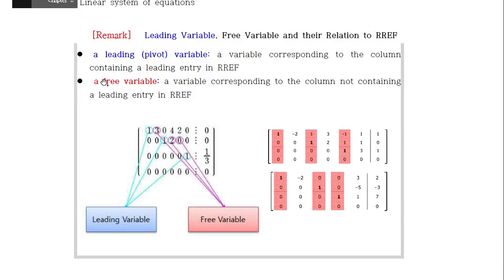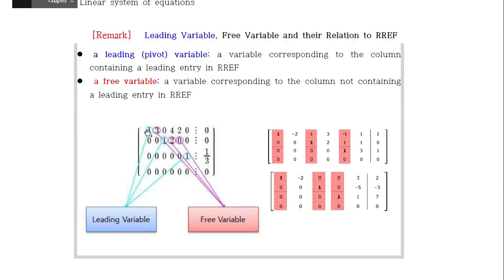Then free variable, this is a very important concept. This is related to the solution set. A free variable is a variable corresponding to a column not containing a leading entry in RREF.